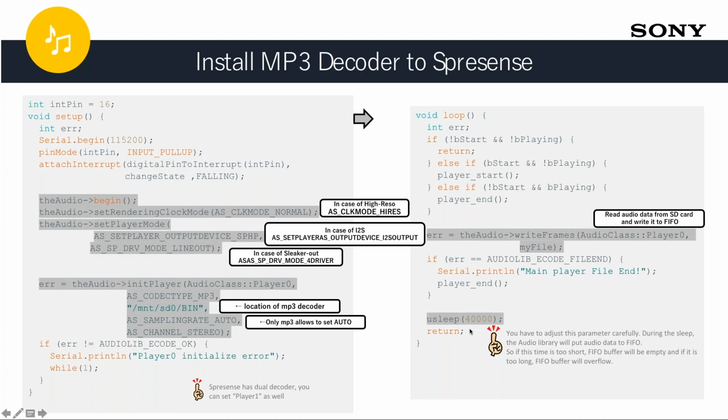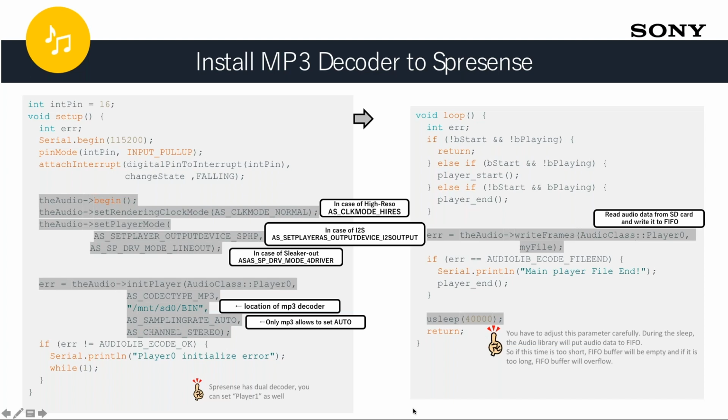If this time is not enough, then the FIFO is empty. Or if this time is too long, then maybe it overflows. So be careful with this. This is not very complicated. You write your code. My code is this short and this time is enough for me. But this is something to keep in mind to make sure that your music is in sync and you can play it.